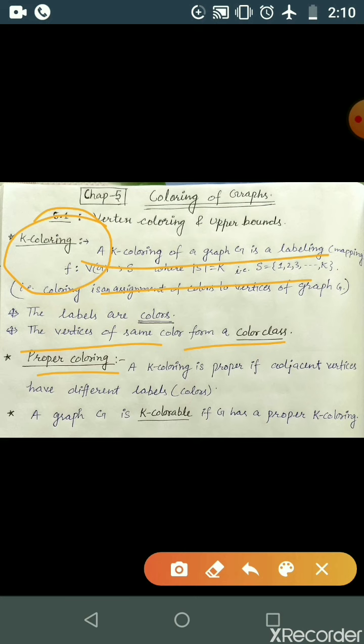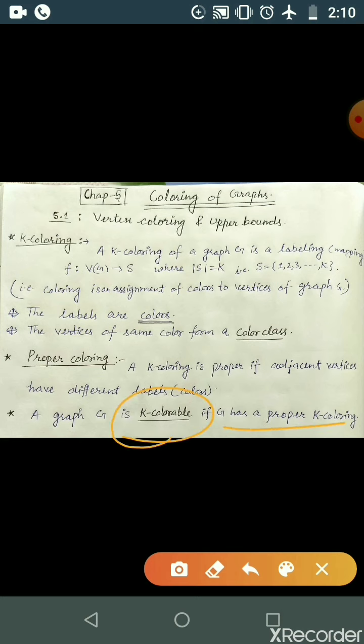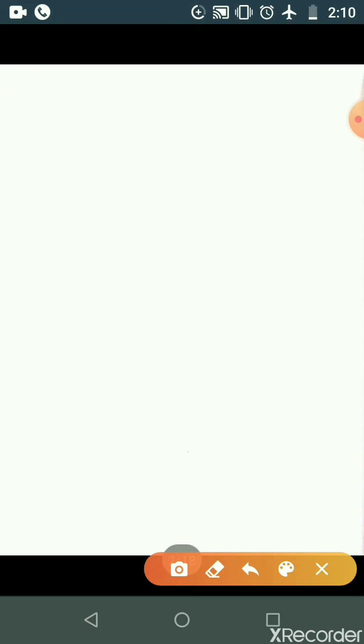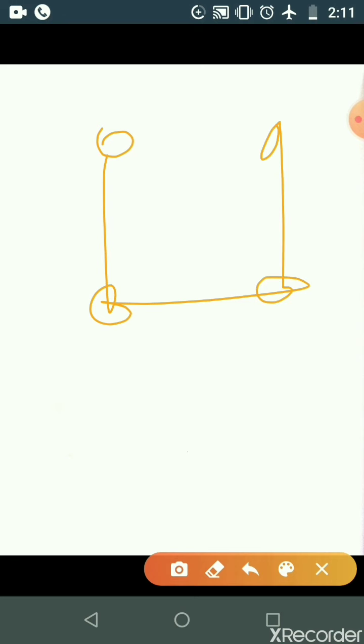Okay, now come to when we say a graph G is K colorable. A graph G is K colorable if G has a proper K coloring. For example, the earlier graph we can just take this one.